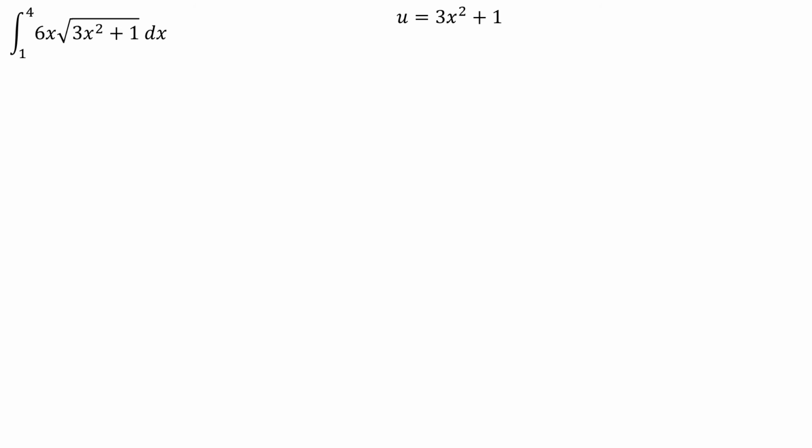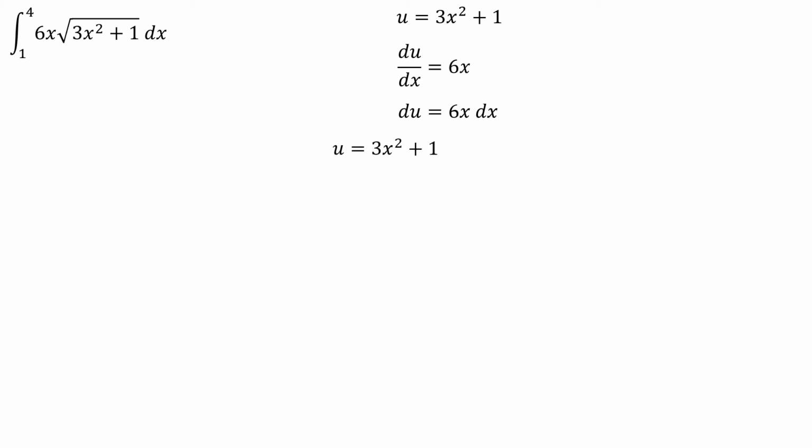I just want square root of u. So I'll let u equal 3x squared plus 1. Because when I take the derivative of u with respect to x, that becomes 6x. That matches beautifully what's already in the integral. So du will be 6x dx.